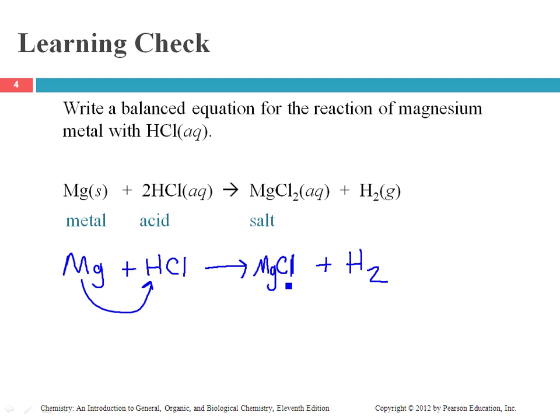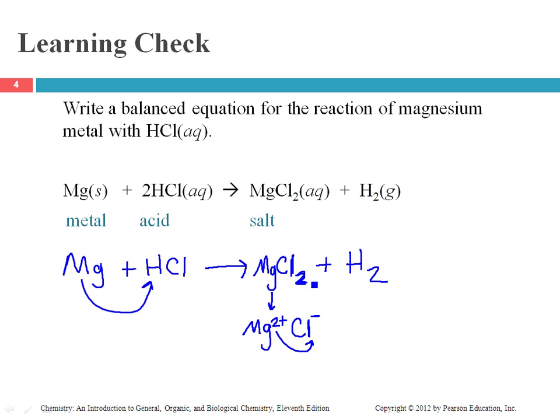Okay, so remember that. So this kind of goes back to earlier in the semester. Magnesium is in group 2, and our chloride forms a -1 charge. And so for every 1 magnesium, we need 2 chlorine. So we get MgCl2.